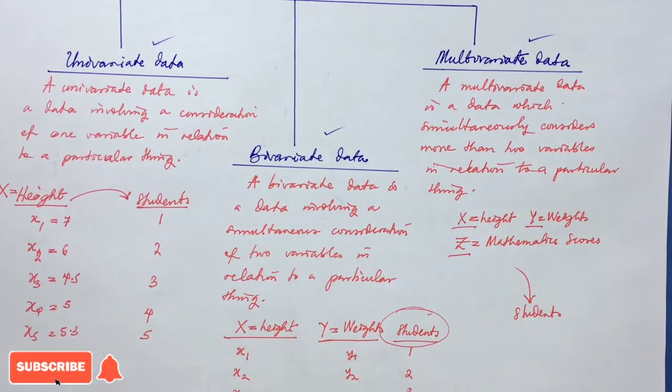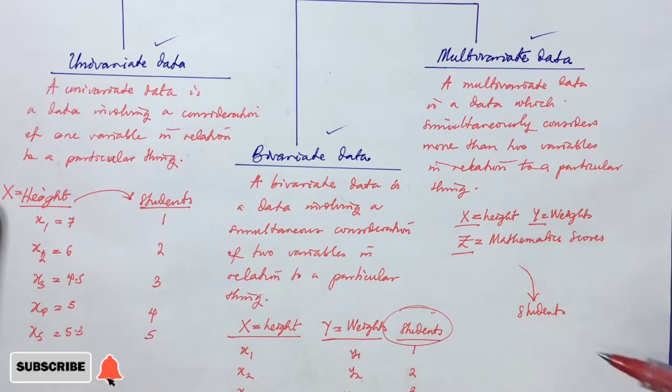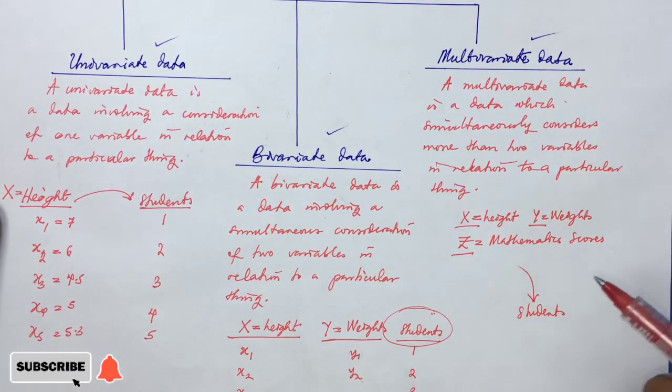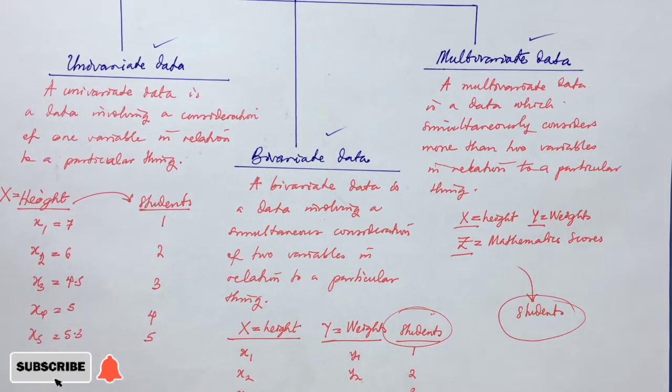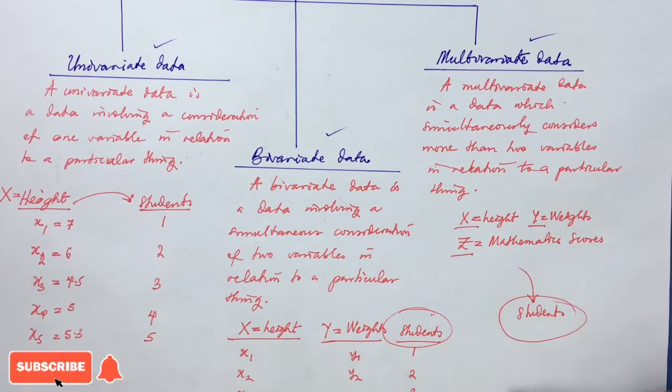Now, what is a multivariate data? A multivariate data will be that which considers more than two variables in relation to a particular thing. For example, you may have X representing height, Y representing weight, and Z representing mathematics scores, all considered in relation to students. So students will be the thing or object we are referring to, and these are the variables in relation to students.